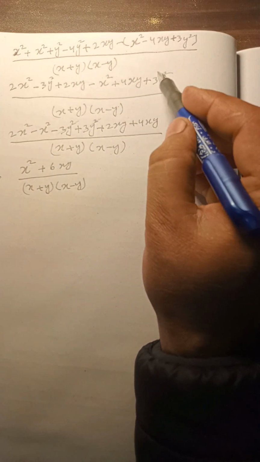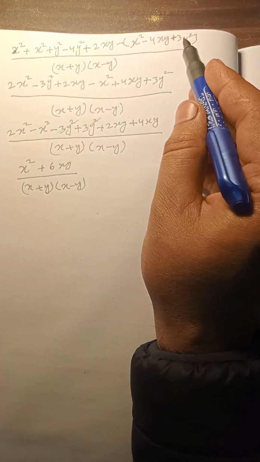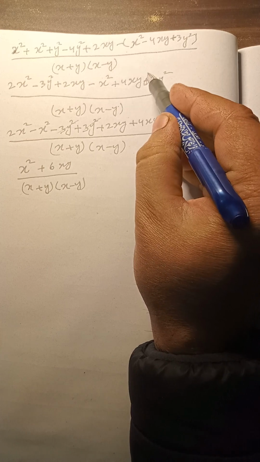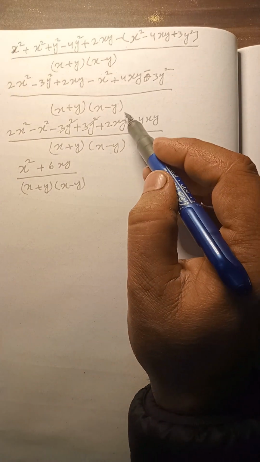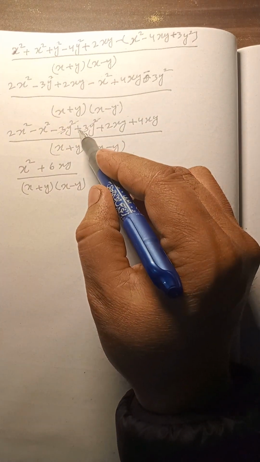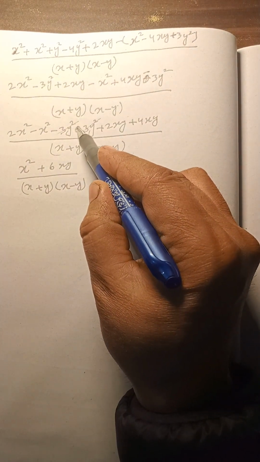Then due to this, when I open the bracket, due to the minus sign we will change the plus sign into minus sign, it will become minus, and due to this minus sign we will also write here minus.